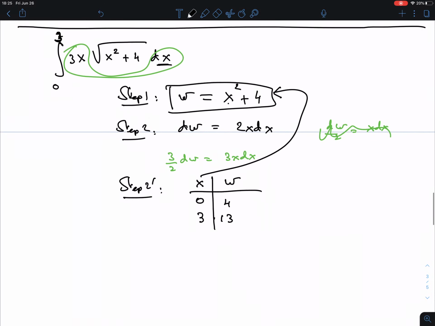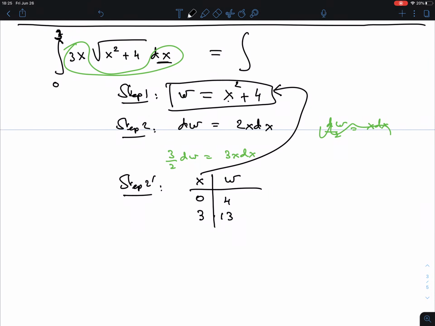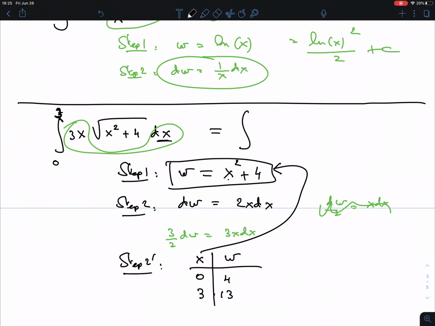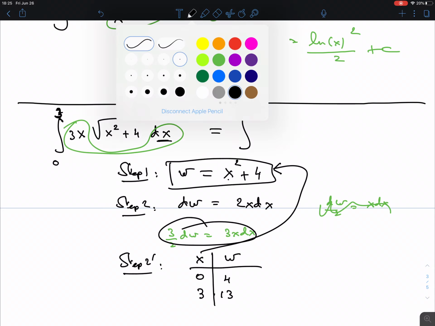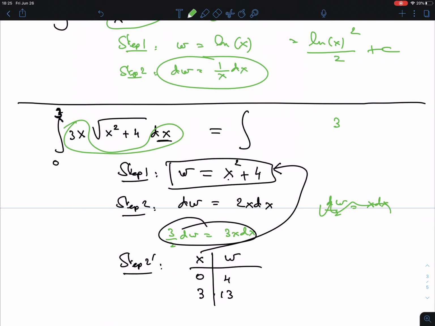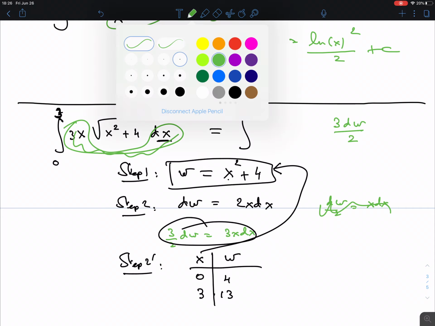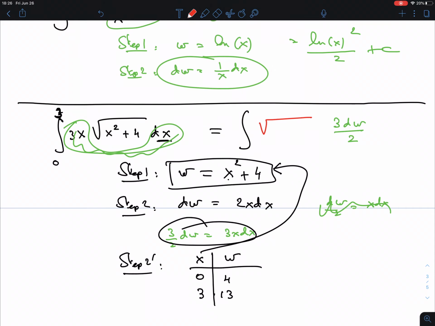So what does this now mean? That this integral, after substitution, let's plug everything in. The green part, we see here, is 3 over 2 dw. I write it a bit as a fraction. That takes care of my green part here, right? So now the radical. The radical is always radical of w.